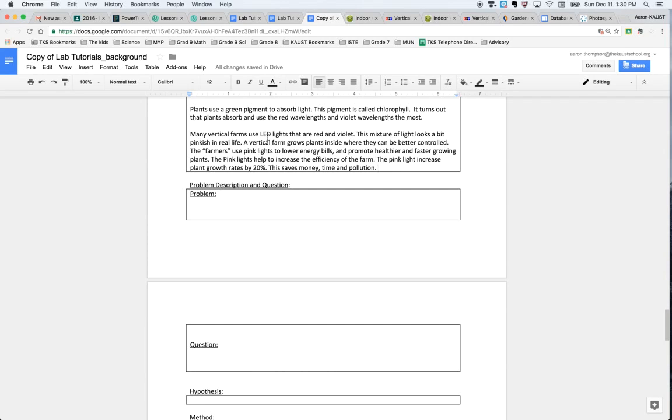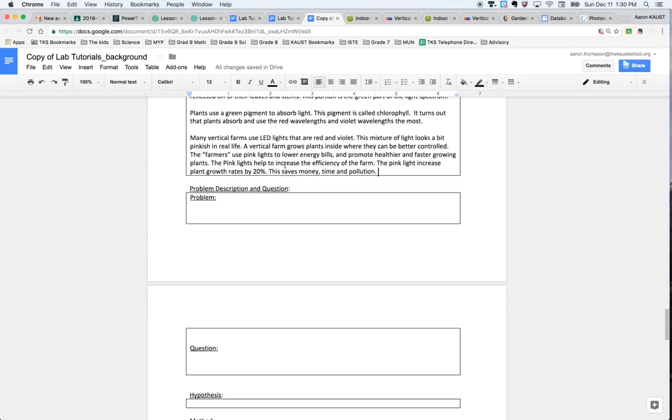The mixture of this light looks pinkish in real life, and a vertical farm grows plants inside where they can be better controlled. The farmer uses pink lights to lower energy bills and promote healthier and faster growing plants. The pink lights offer an increase in efficiency of the farm, and pink lights increase plant growth by 20%. This saves money, time, and pollution.